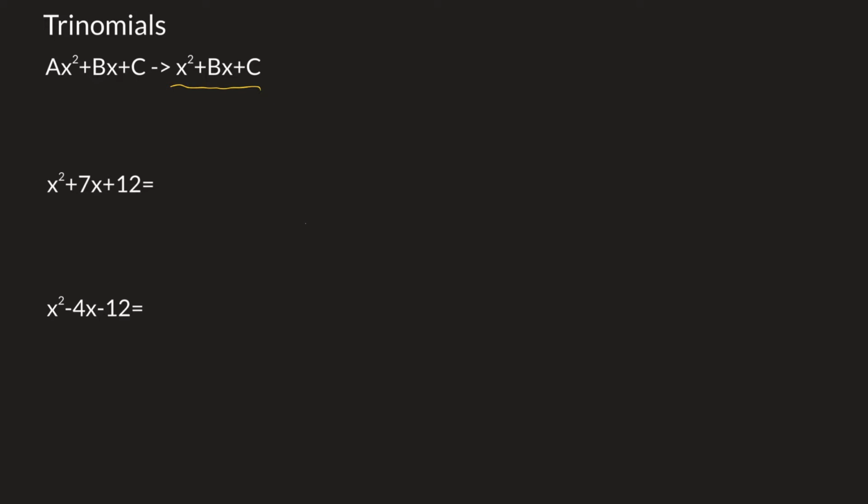So a times c gives you a product. So you want to find two numbers whose product is a times c, but whose sum is b.